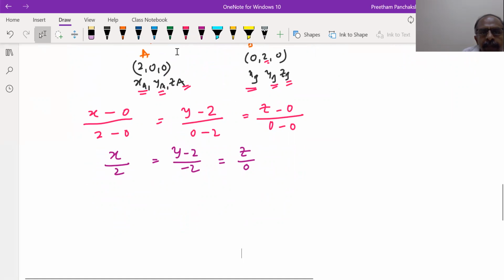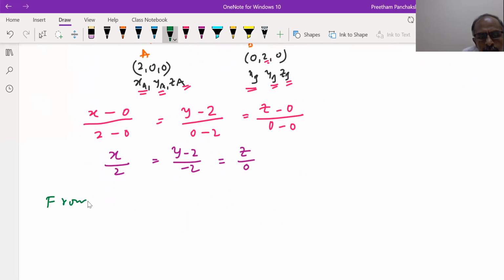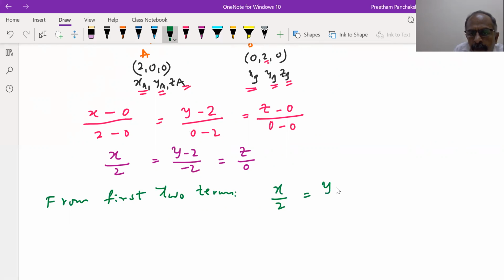Now, to find something useful, we shall consider any 2 terms from the first 2 terms. Let us take the first 2 terms. We'll see what happens. From the first 2 terms, we get a relation: x by 2 is equal to y minus 2 divided by minus 2.